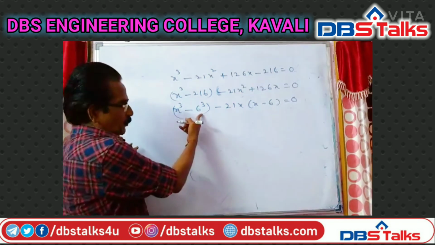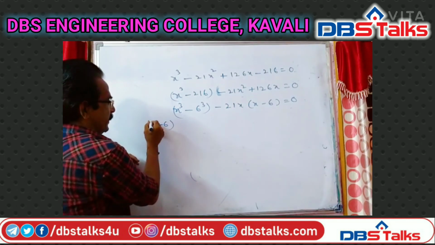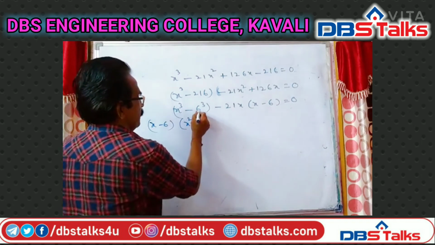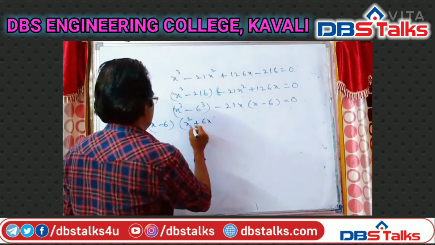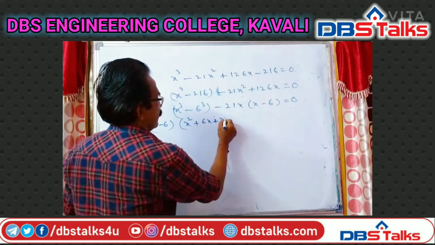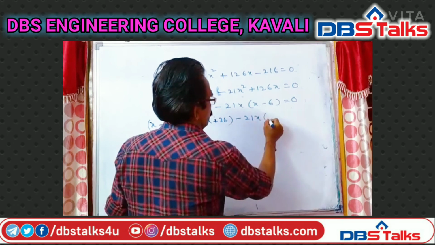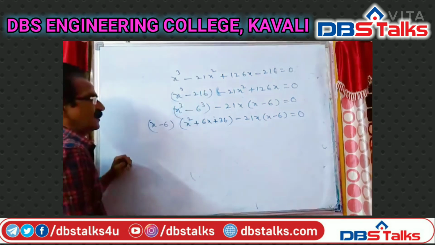A cube minus b cube is a minus b into a square plus ab plus b square.